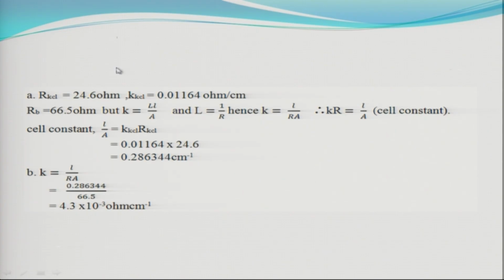Here, you see, conductivity is equal to the distance between the electrodes, then cross-sectional area and resistance. So this L over A is actually our cell constant, which you have already got up here. We already have it, so we divide by the resistance.